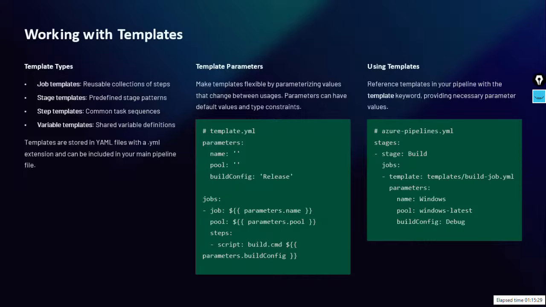Templates will help you do advanced things, but as a starter, you should not be using them. You do your pipelines using your own pipeline scripts. No need to use any template. So you better use your own azure-pipelines.yaml. You do it on your own. That will be best.